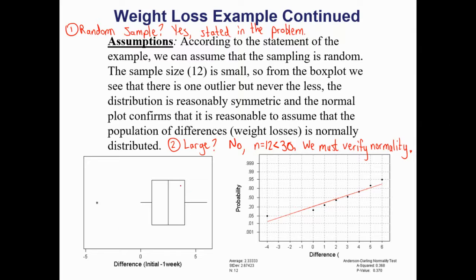if we do a box plot, we'll notice that the box plot has one outlier. Okay, well, this part's roughly symmetric. But we have one outlier.